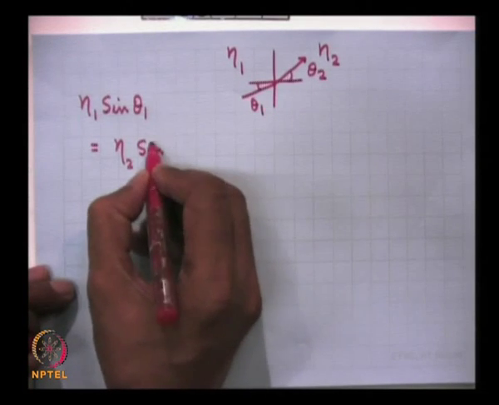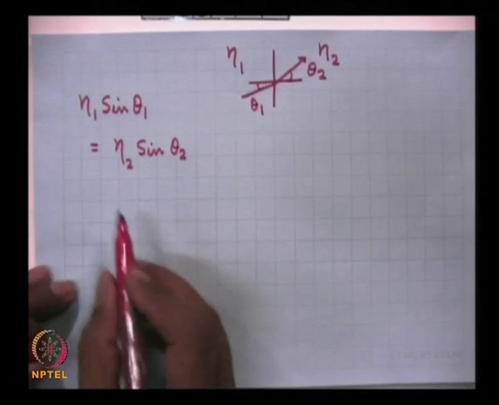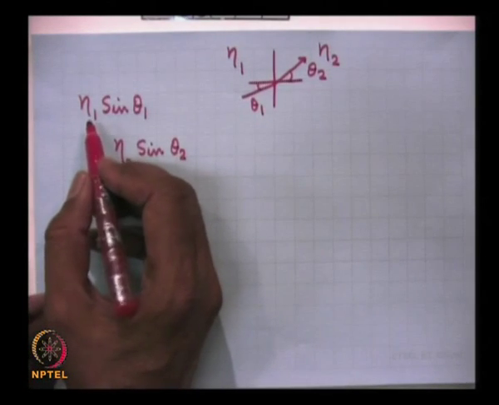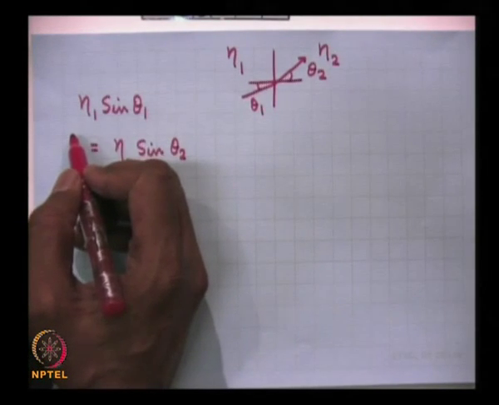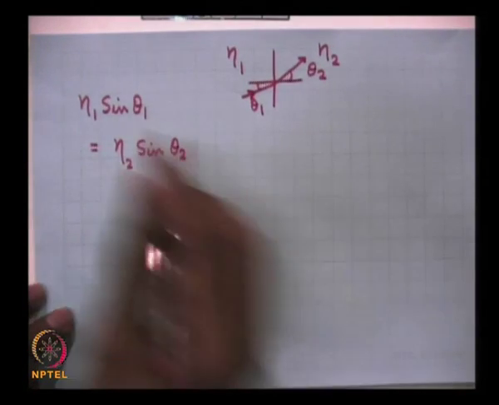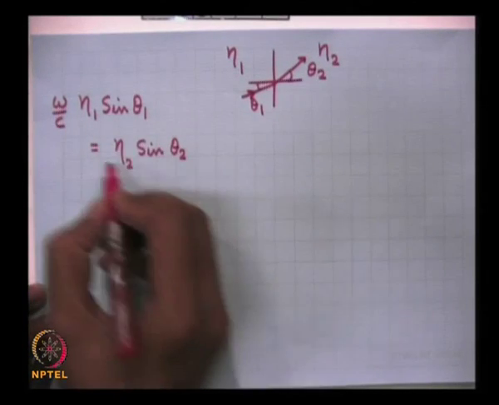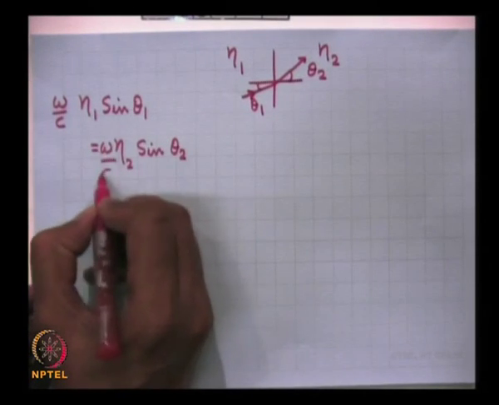This is Snell's law, to which you multiply omega by c, where omega is the frequency of the EM wave that you are launching.